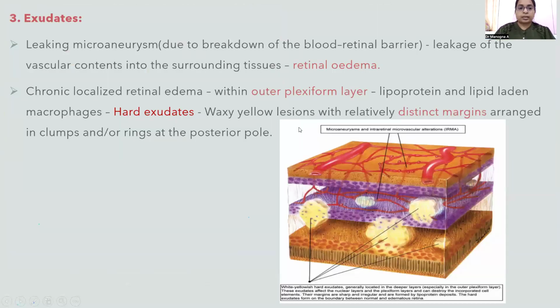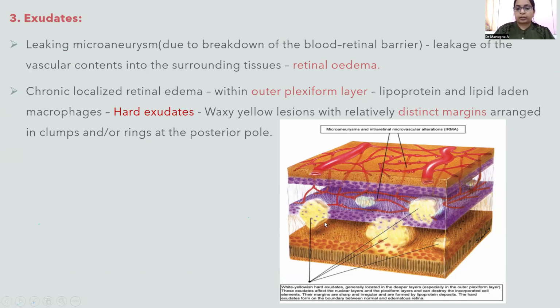The next clinical sign you have to know is hard exudates. As we have already mentioned, microaneurysms will leak. When they leak, the blood and vascular contents also leak into surrounding tissues, causing retinal edema. Macrophages come and engulf the leaked material.